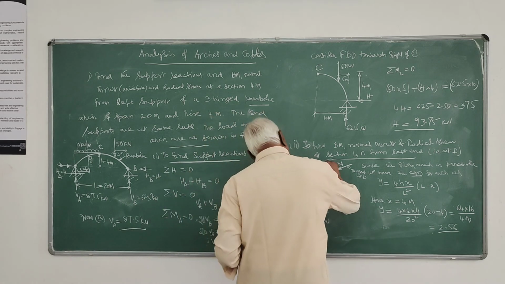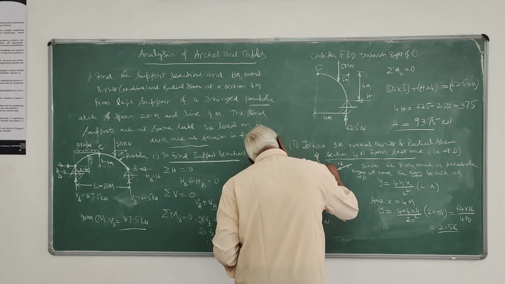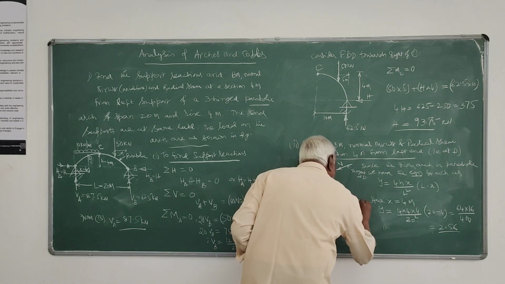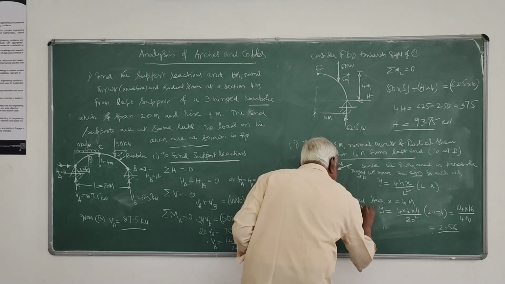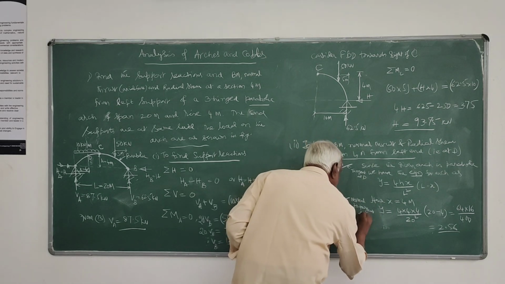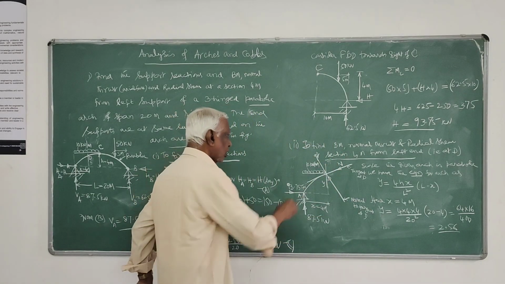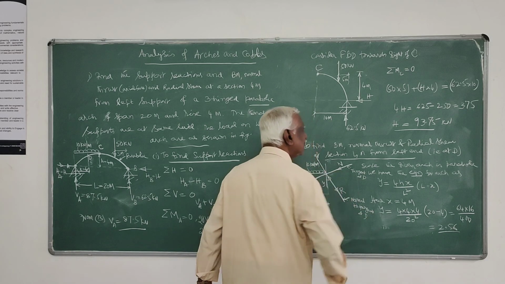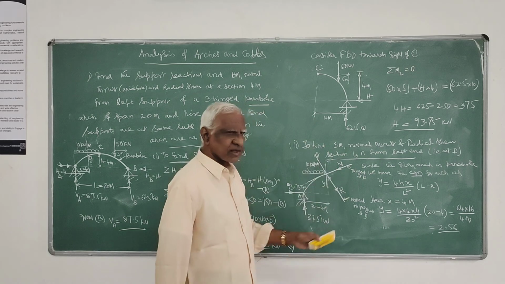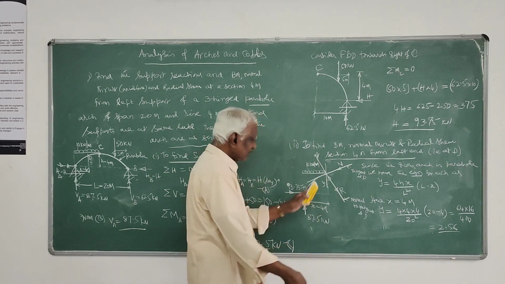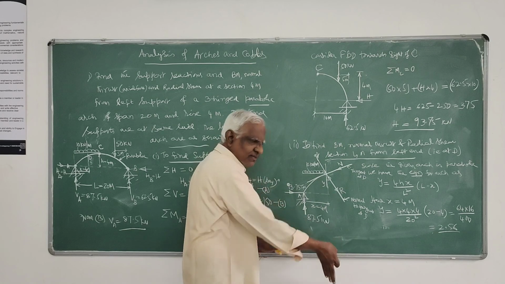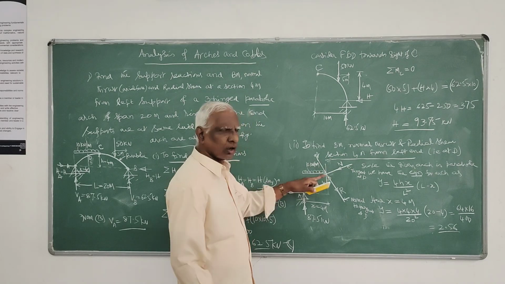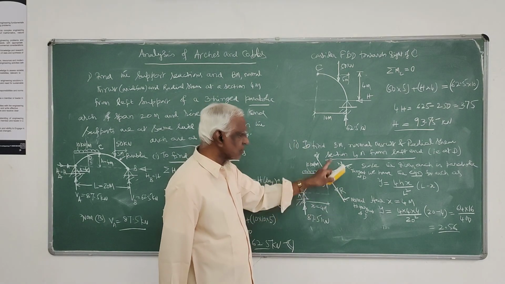And the force normal to this tangent at D, we call the radial shear. Always the force towards the center, inside the profile, is the positive direction. Normal thrust is compression always. All these compressive forces we take in the positive direction like this.